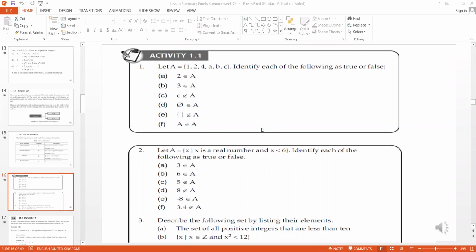It is. You said real numbers are whole numbers, rational numbers, irrational numbers. Oh, okay, yes, sir. Real number line. You've all forgotten about the real number line, eh? So 3.4 is a real number, and it's less than 6. So the answer is false, because it should be a member of the set A.